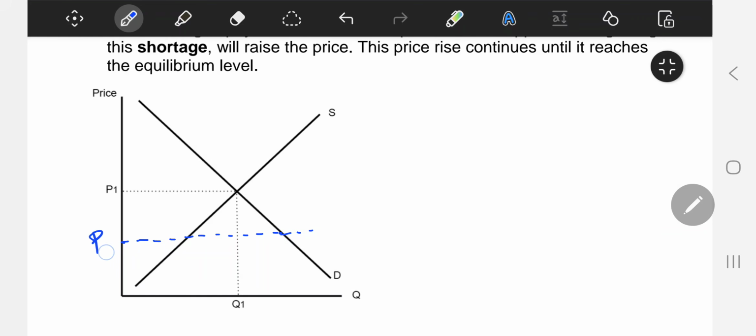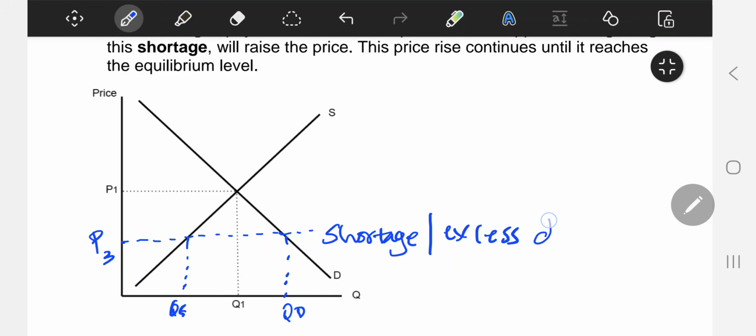I'm going to call this P3. As you can see, this is quantity supplied at this particular point, so I'm going to call that QS, and this is quantity demanded. Consumers are now willing to buy more than suppliers are willing to bring to the market. So this is called a shortage, also called excess demand.